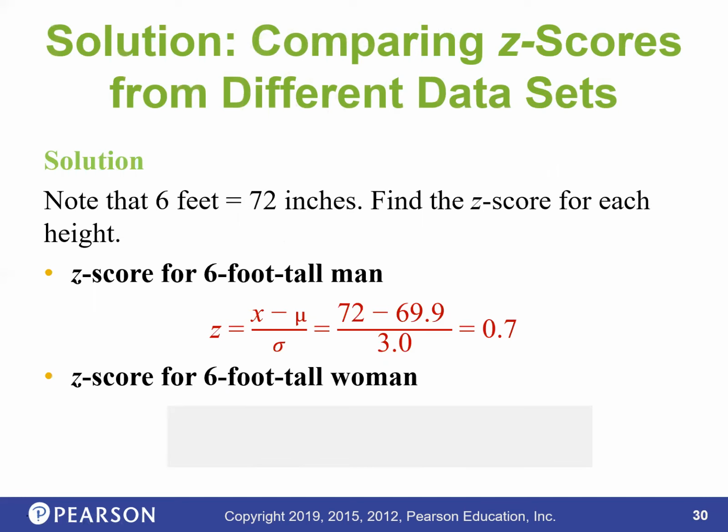Anybody not get 0.7? Use the calculator real quick.